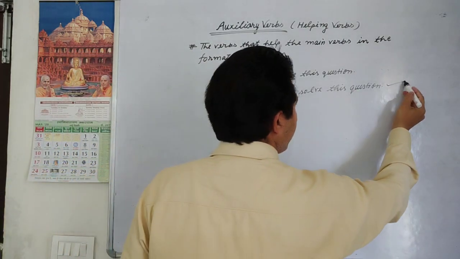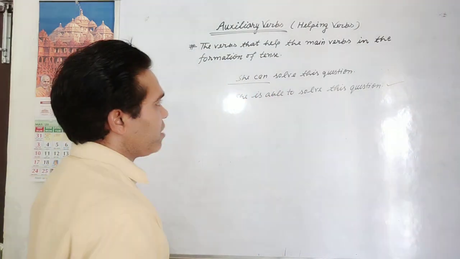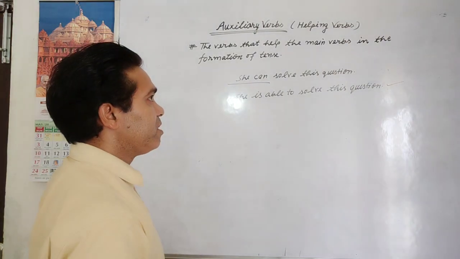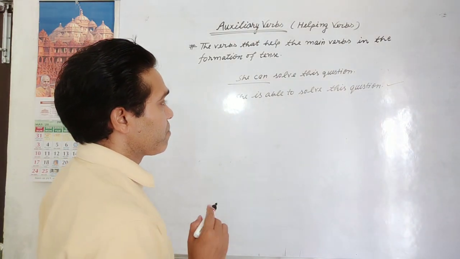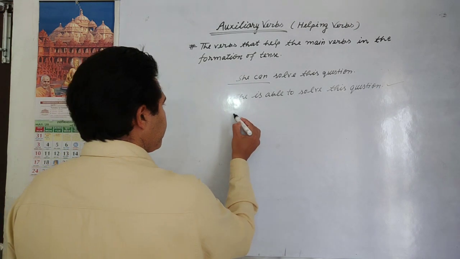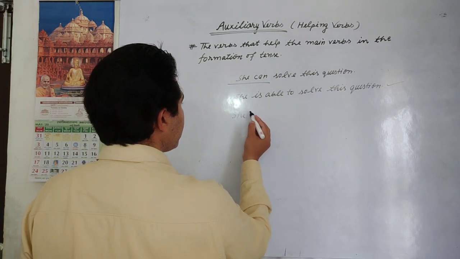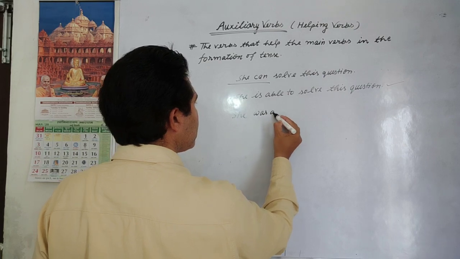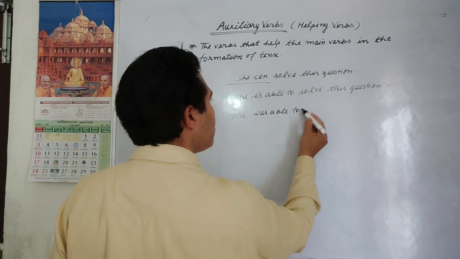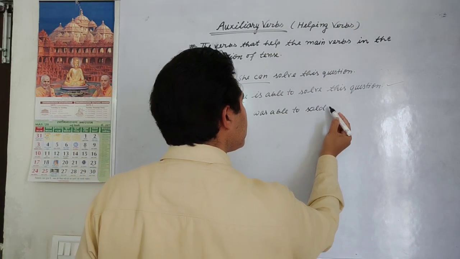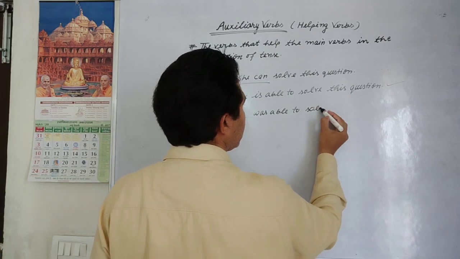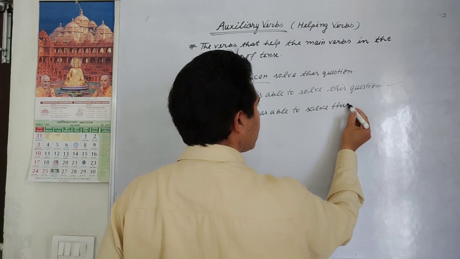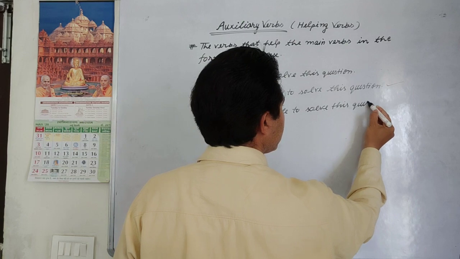In present tense, she is able to solve this question means more possibility. She was able to solve this question.